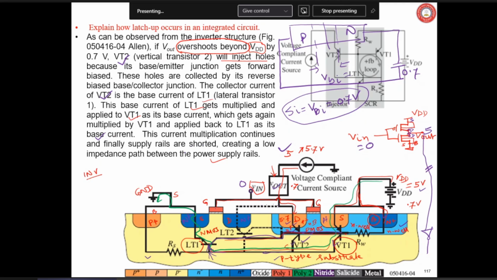This current multiplication continues, and finally the supply rails are shorted. Understood? This VDD and this ground are basically shorted, or a low resistance path is formed, creating a low impedance path between the power supply rails. Could you understand how the latch up may occur in this case when the output node is overshooting by 0.7 volt?